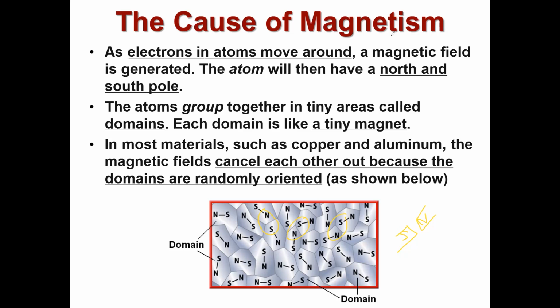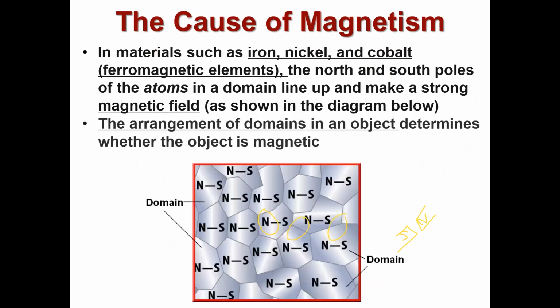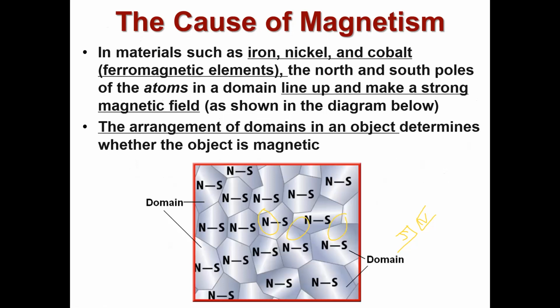But if you put them beside iron or nickel or cobalt, they are arranged and not randomly. So since they are arranged, they make a domain that makes a magnetic field.